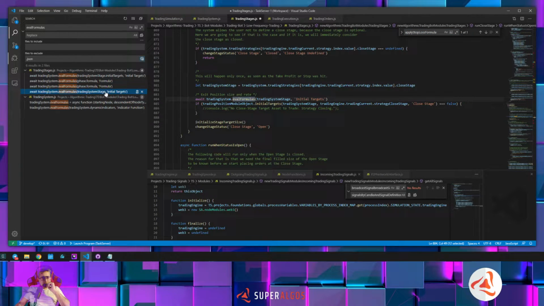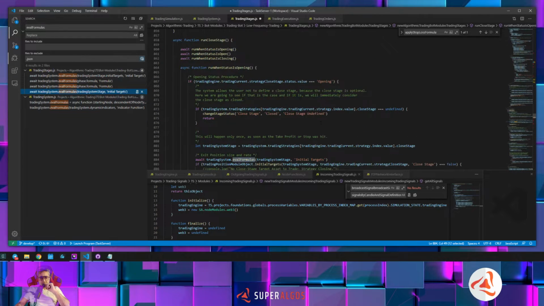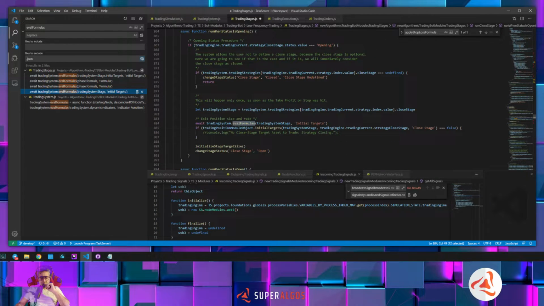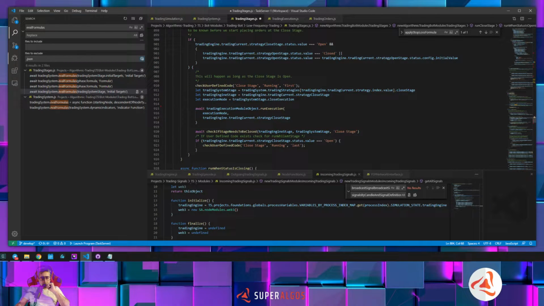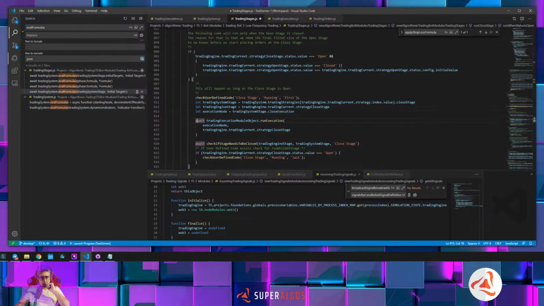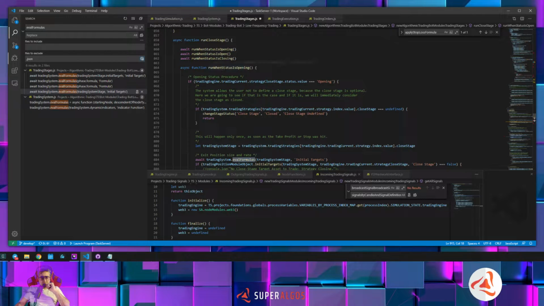Let me check this. Something is not looking good. Why do we have these eval formulas? This is the close stage, initial targets, and if I recall, the evaluation was being done here at the open stage, not at run when it's opening.